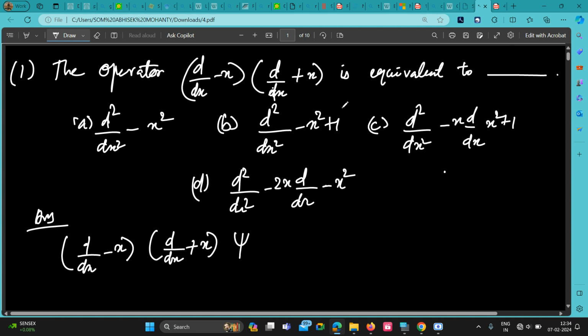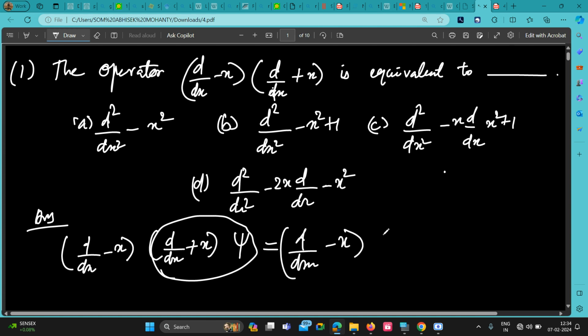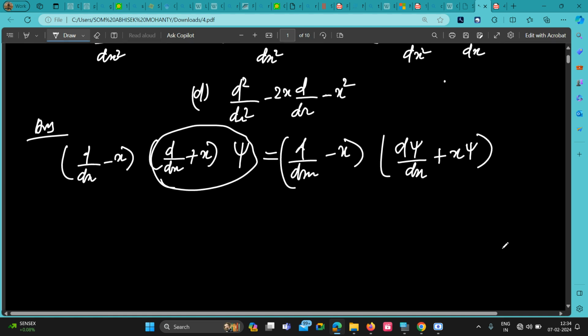When we are calculating the value of an operator, we have to put an eigenfunction psi here. So you first operate the second factor on psi: (d/dx minus x) acting on (dψ/dx plus xψ).